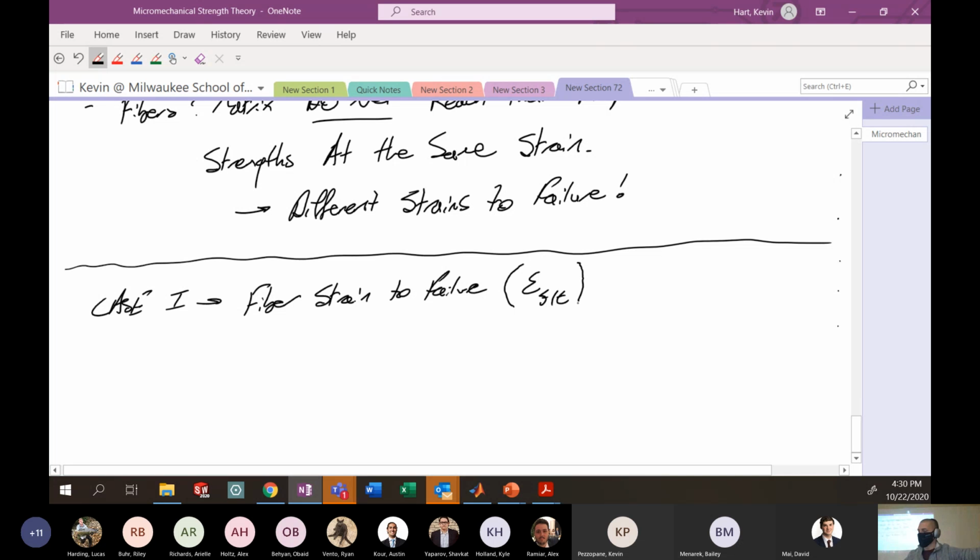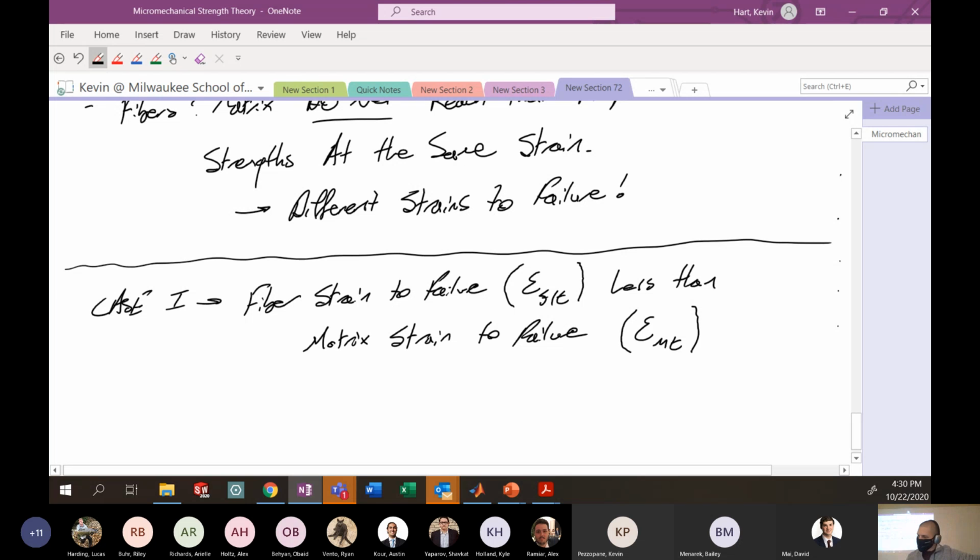Strain to failure of the fiber in the one direction in tension is less than matrix strain to failure, which we typically will call EMT. And by E, I mean epsilon.